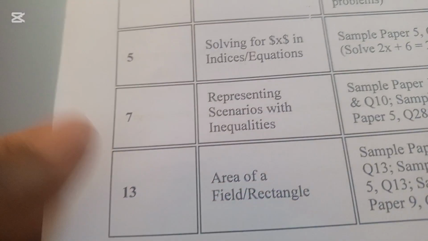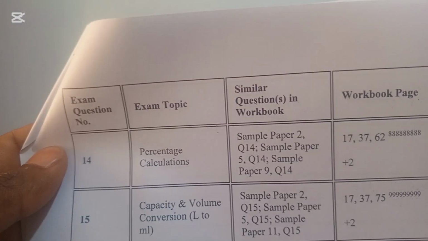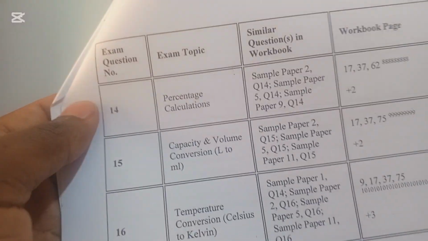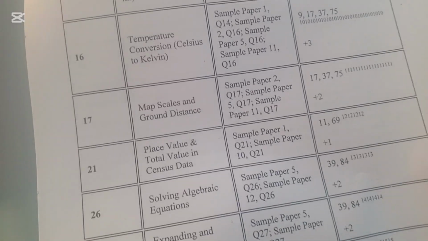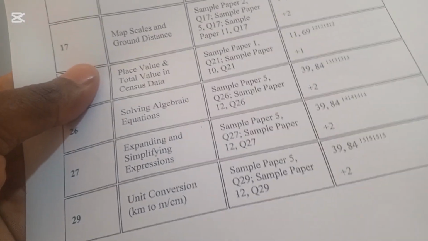Again, this AI platform says question 7 is there, question 13 in my book, question 14 is present, and continues to give even 3 similar questions, page 17, 37 and 62. Question 15, question 20, question 16, question 17, question 21, 26, 27, 29, unit conversion of kilometers to meters, and so on and so forth.